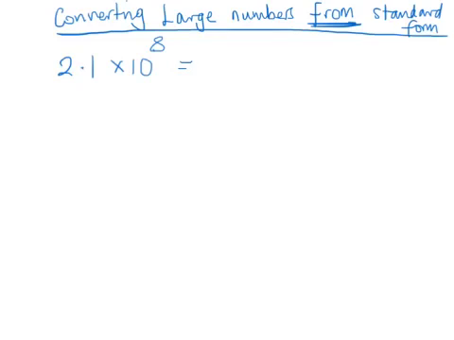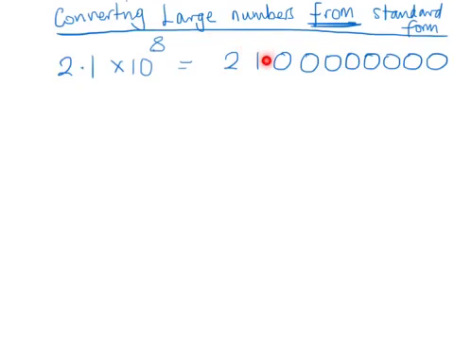So the number starts off with 2.1, and we need to move the decimal point to the right. So to do that, we need some zeros in there, don't we? It starts off here at 2.1, and we need to move it to the right 8 times.